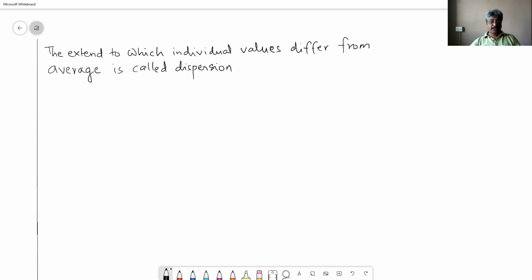Okay, the extent to which individual values differ from average is called dispersion.